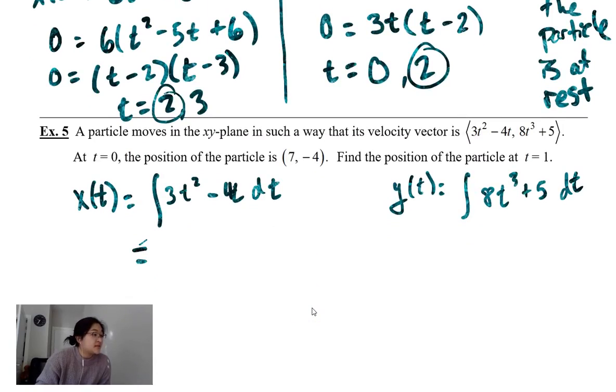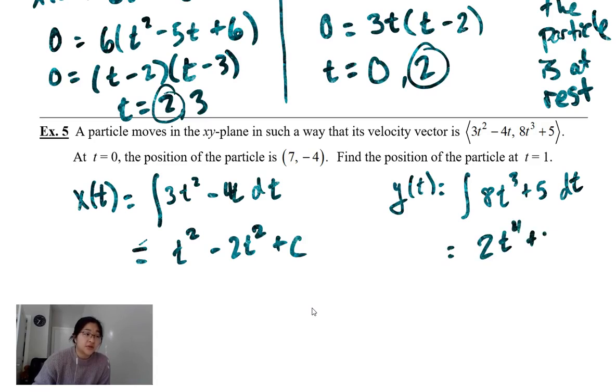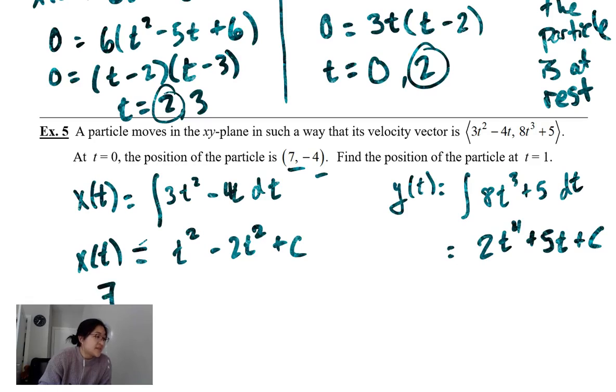And what do we get? We get t cubed minus 2t squared plus c, and 2t to the 4th plus 5t plus c. We're given at t equals 0, the position is (7, -4). So at t equals 0, we plug in 0, we get 7 out.